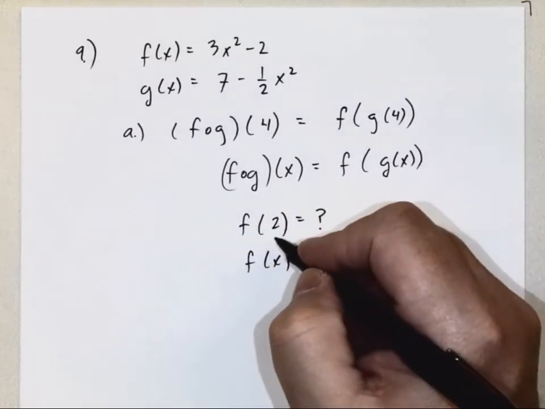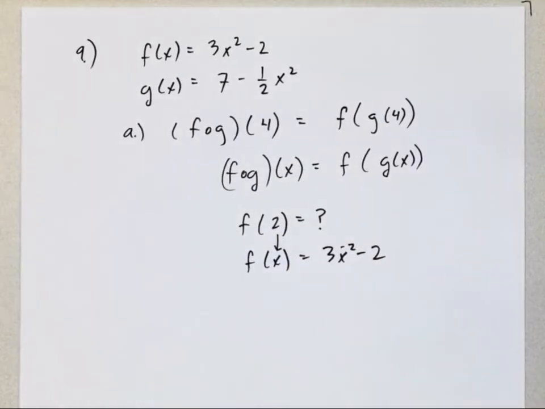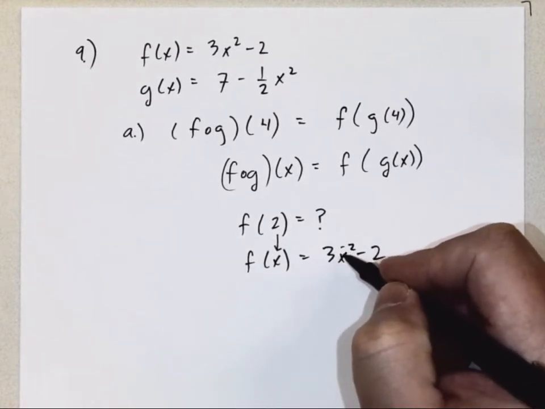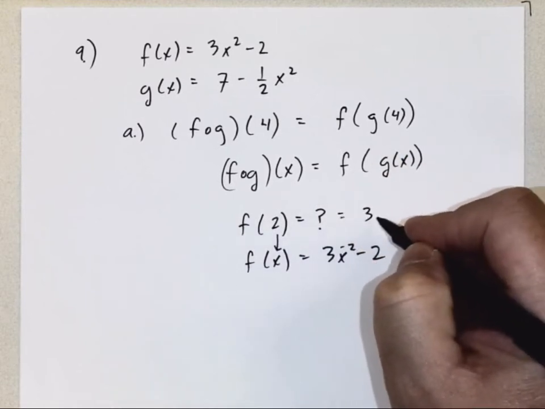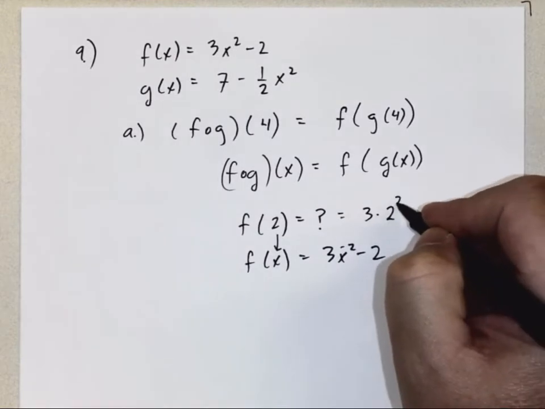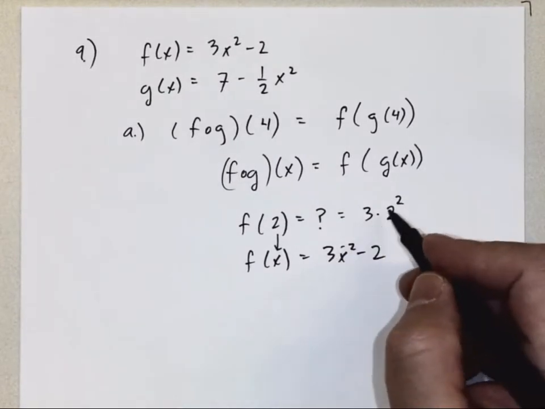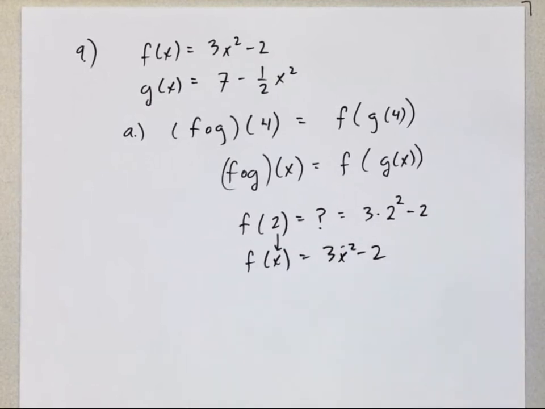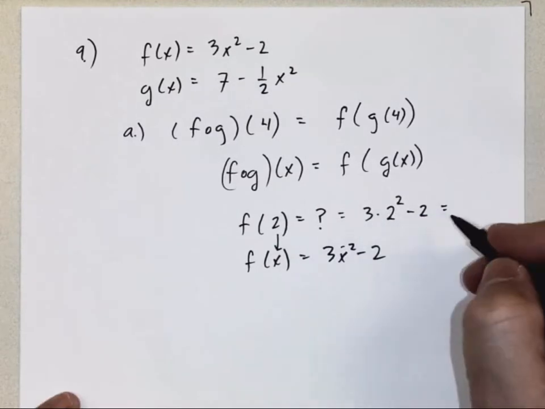F of 2 says, hey, every place you have an x in this function, you replace it with the number 2. So my function 3x squared, but I don't write x, I replace x with a 2. So it becomes 3 times 2 squared, because the 2 is replacing my x. So 3x squared minus 2, and this should be f of 2. 3 times 4, which is 12, minus 2, is 10.